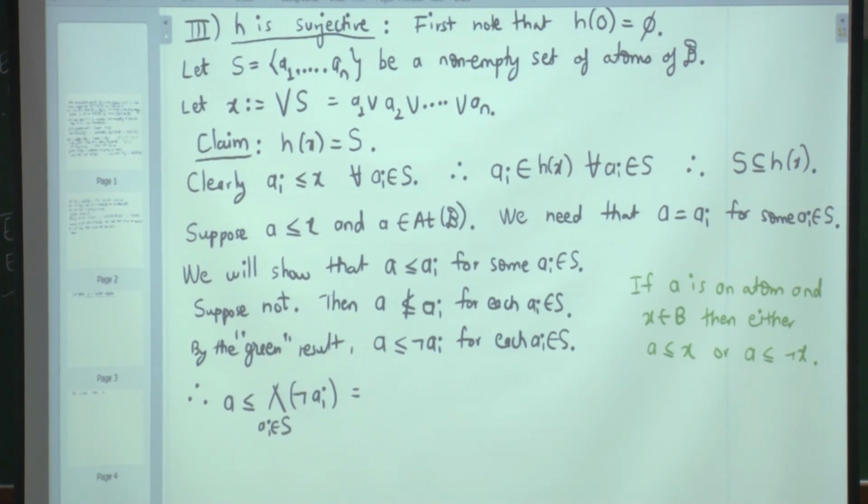Okay, but now use De Morgan. So by De Morgan we can take this meet inside, and what will that meet become? A join. So negation of the join of Ai in S. Okay, but what is the join of Ai?